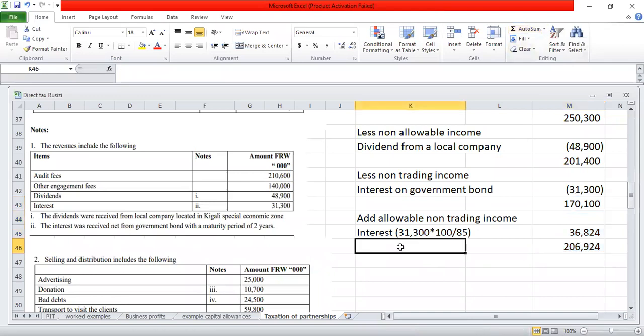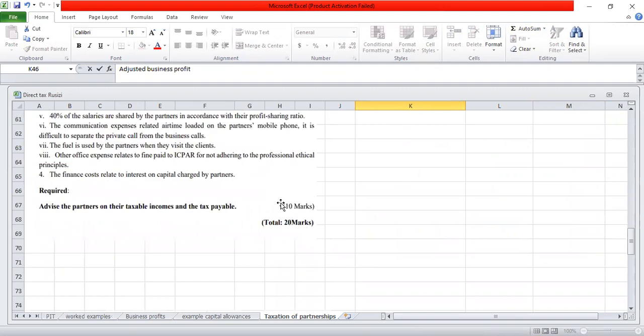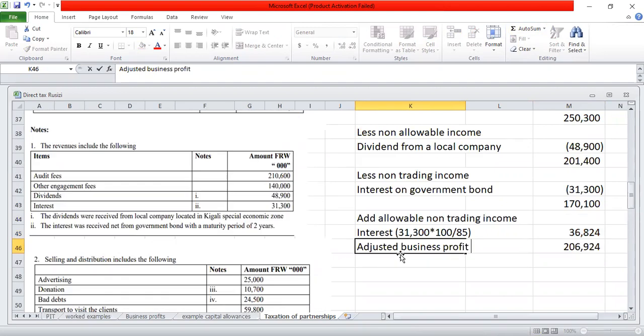So then I get, this is going to be my adjusted business profit. The good thing, in the question, there is no capital allowances, there is no loss. So in that case, it's going to be the adjusted taxable business profit, because I don't have those other items.